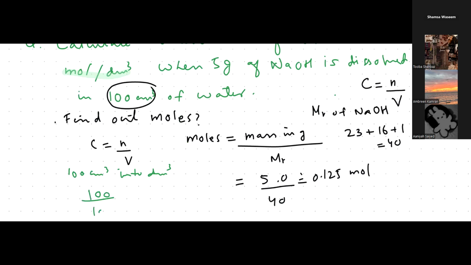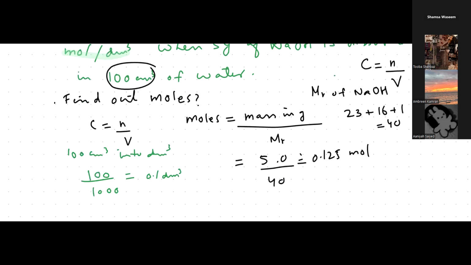ठीक है, अब मुझे बताओ girls, are you getting this step? Yes. So volume will be 0.1 decimeter cube. ठीक है? We got moles, that is 0.125 moles. So we can find out the concentration now. Concentration is equals to moles per unit volume. Moles are 0.125.